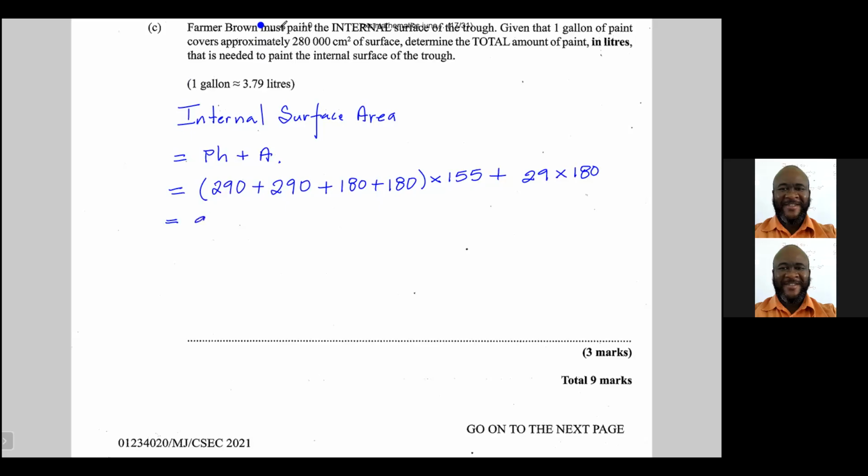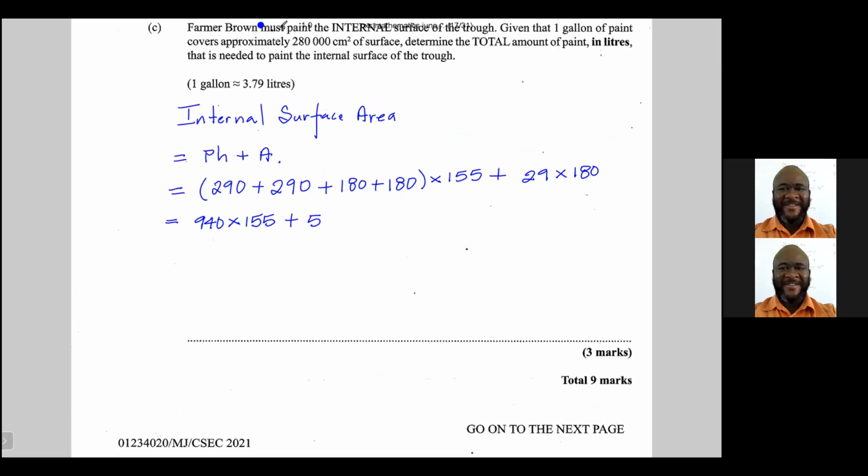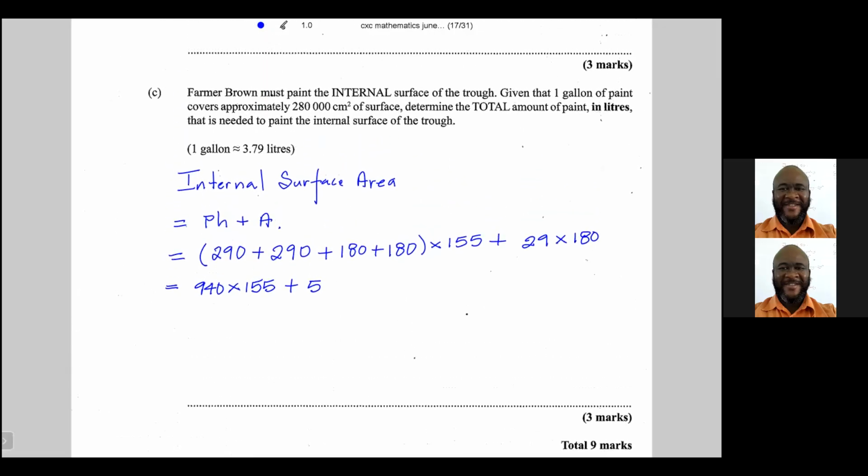That's 940 times 155 plus 290 times 180. This is 52,200.